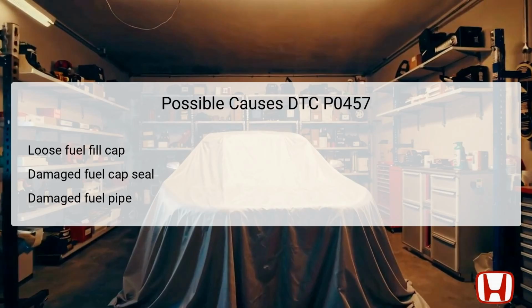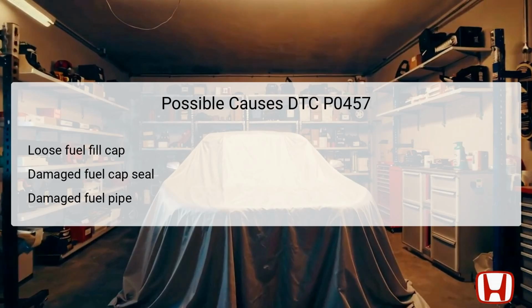There are several potential causes that may lead to the P0457 code being triggered. First, a loose fuel fill cap is often the simplest and most common issue. It may not be tightened sufficiently or may not have clicked into position, leading to a detectable leak.